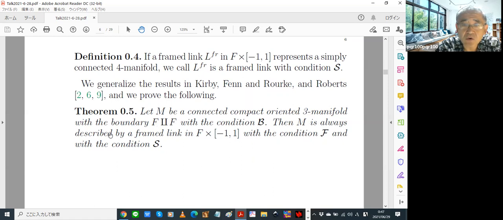Then M is always described by a framed link in F cross interval with the condition F, the fixed meridian and longitude, and with the condition S. It's important that the three-manifold M can be represented by a framed link with condition S.